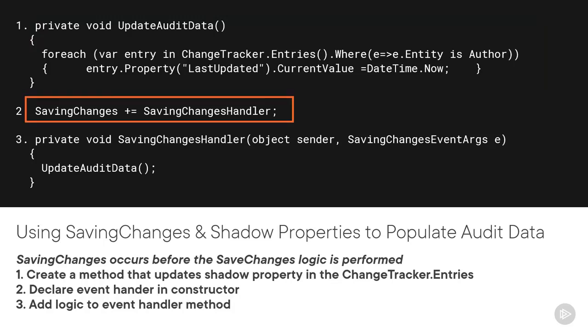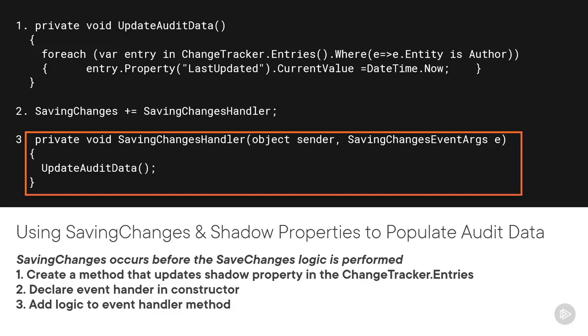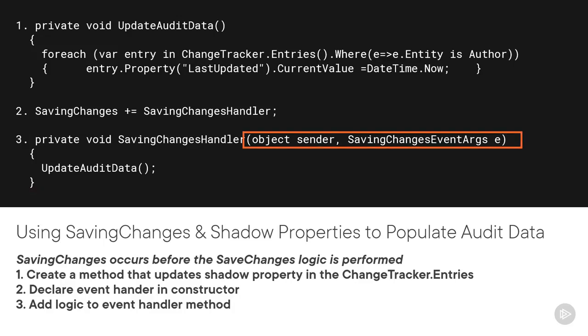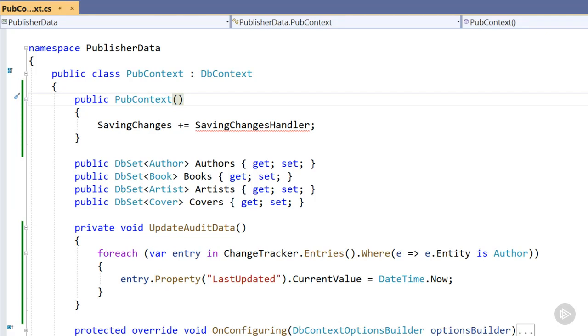I'm declaring a handler for the SavingChanges event, and notice that it's not the UpdateAuditData method that I just created, but a new one, SavingChangesHandler. And then that SavingChangesHandler method calls my UpdateAuditData method. Notice the signature of the handler method. Those parameters are required by the SavingChanges event. Let's take a look at this in code.